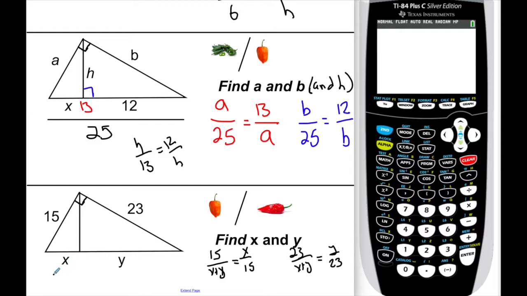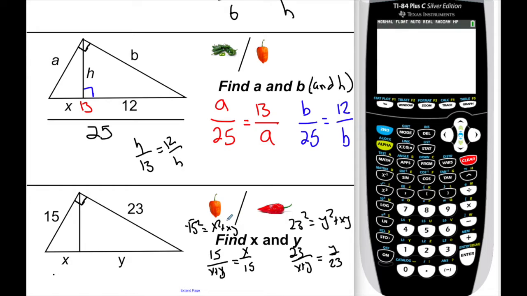So what I'm getting at is this will become 15 squared equals x squared plus xy. This will become 23 squared equals y squared plus xy.